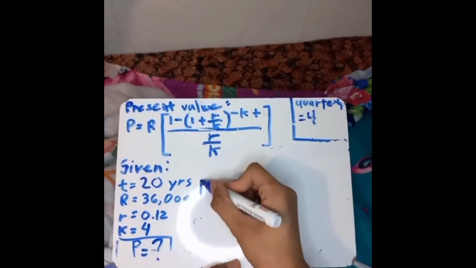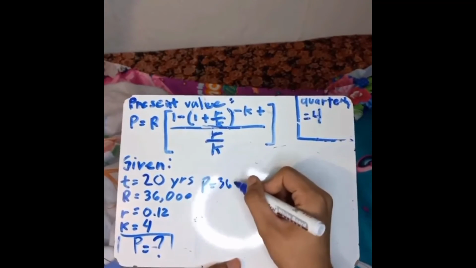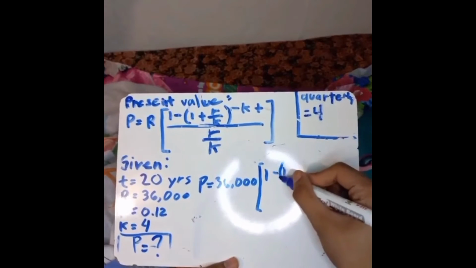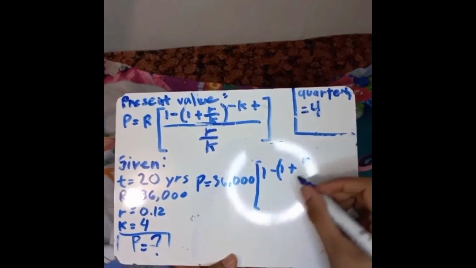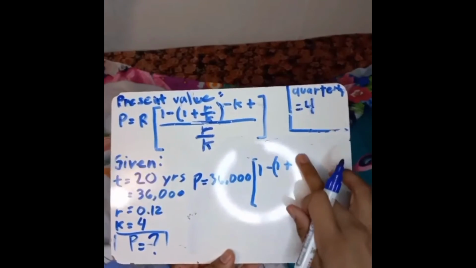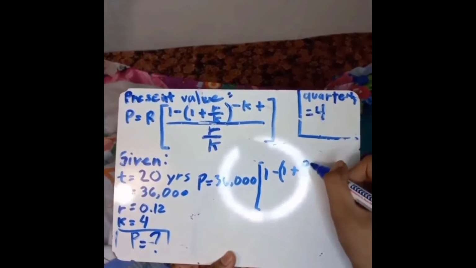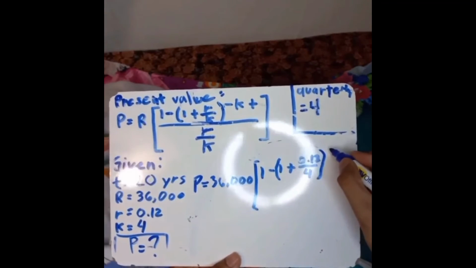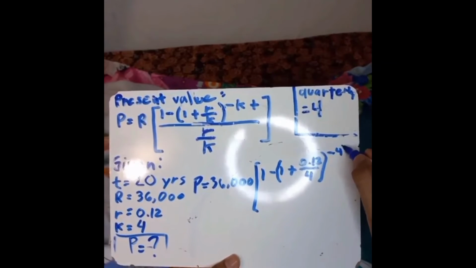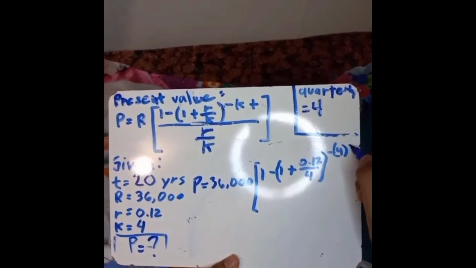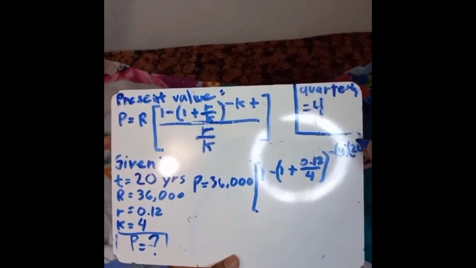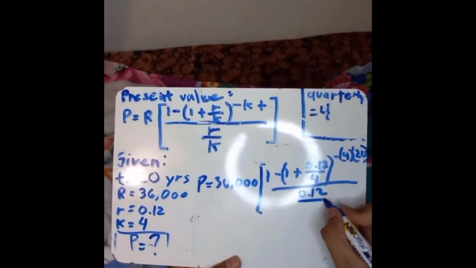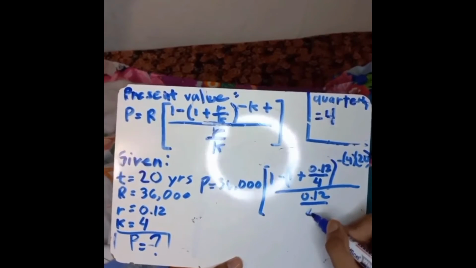So P equals 36,000 times 1 minus 1 plus R, R is 0.12 over K is 4, raised to negative K is 4 times T is 20 years, over R is 0.12 over K is 4.